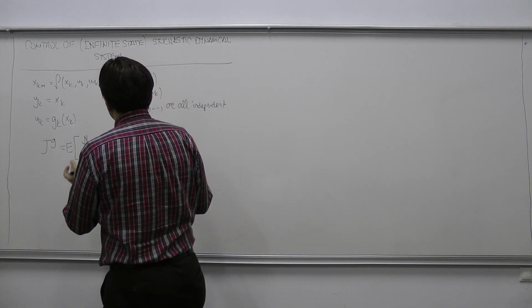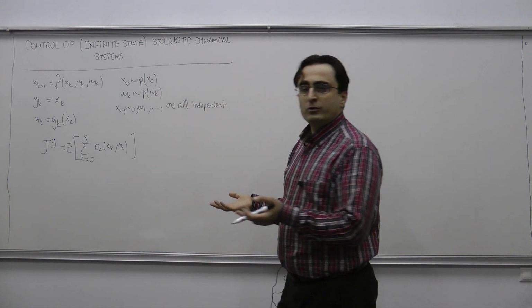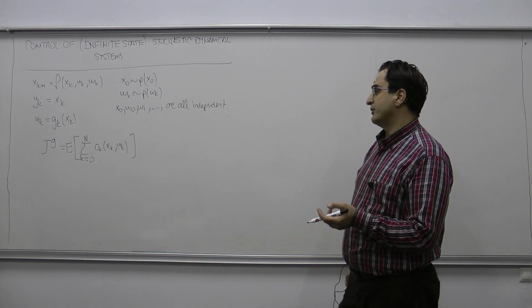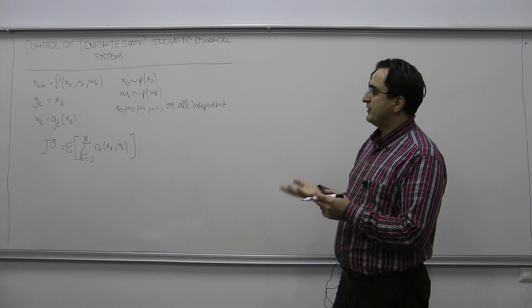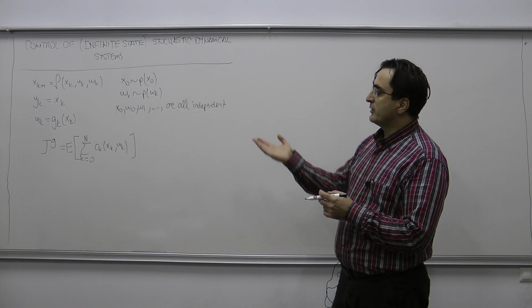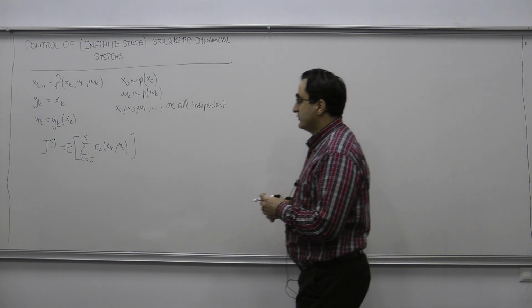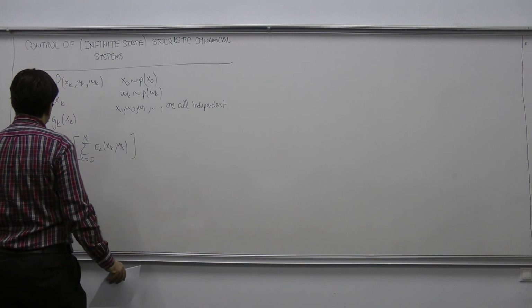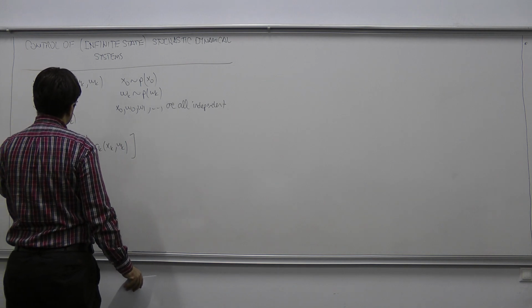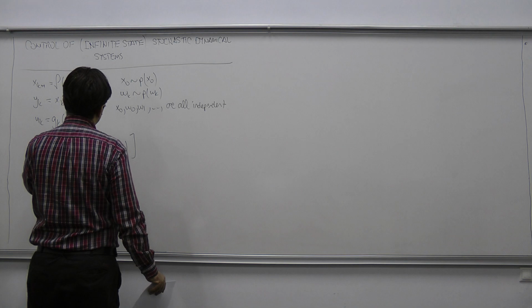So here the first thing that we are going to do is to calculate this cost function. Given a specific feedback policy, how can I calculate this cost? Let us first concentrate on that. So calculating the cost function.